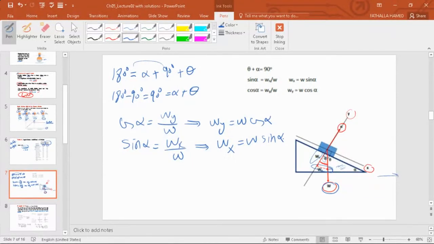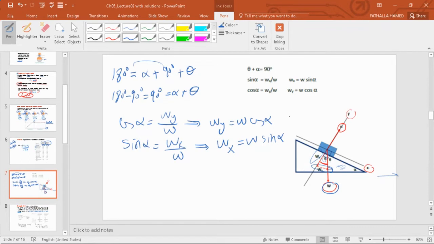Now, you're familiar from chapter number 1, when you take a vector and you take the components of the vector, if you consider the angle that the vector makes with the positive x-axis, then your x component is with cosine and your y component is with a sine. But in this case here, we're looking at the angle that the vector, in this case, it's the weight, makes with the negative y-axis.